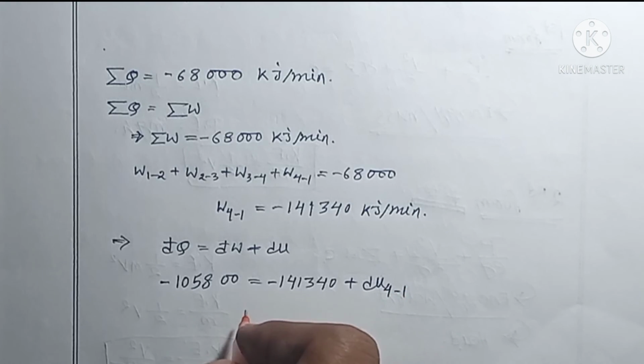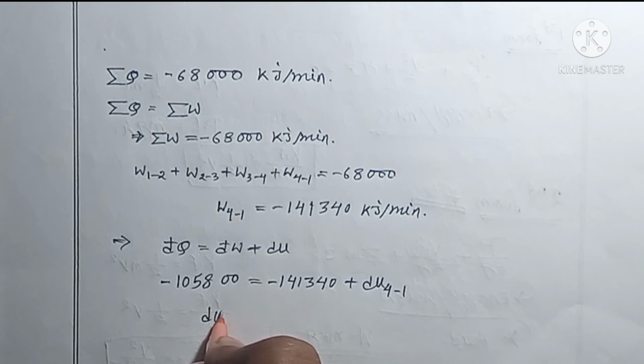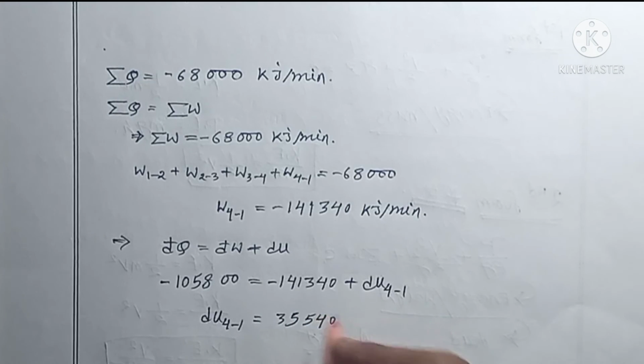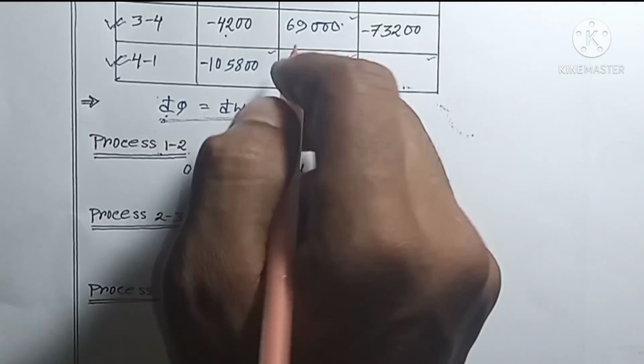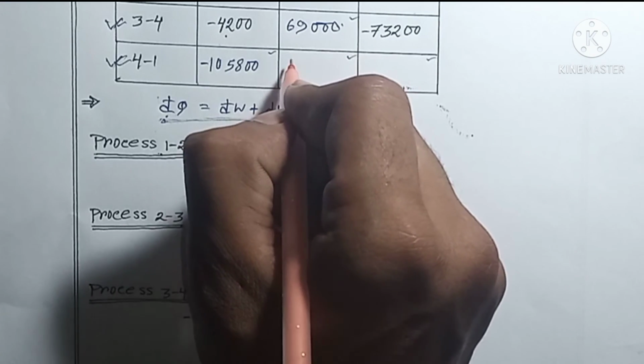Okay, so if we take this one in the left hand side, then we can find out change in internal energy for process 421 as 35540 kilojoule per minute.